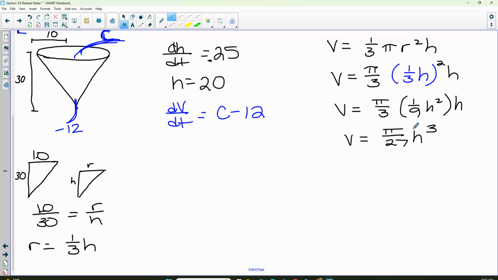All right, now what? Derivative of V is dV dt. Equals, if I bring down my 3, that would become a pi over 9 h squared, and that gets a dh dt.